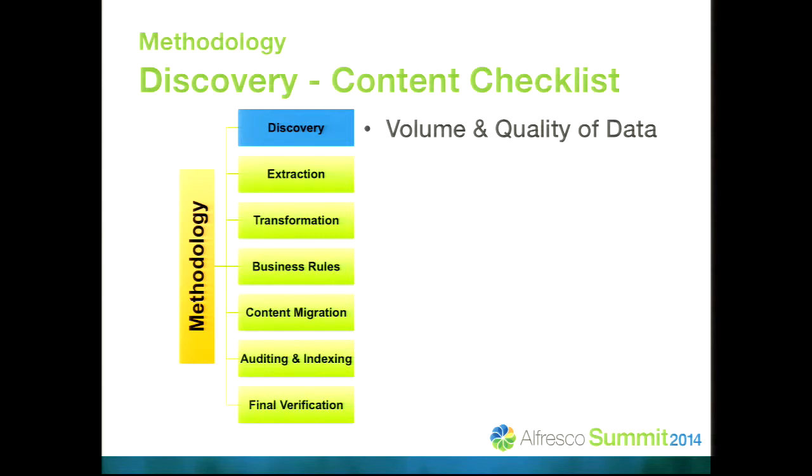The volume, you need to know how much you're going to be moving, right? If it's a couple thousand records, sure, that's easy. It's not too much planning on that piece. But once you start talking about millions of records, once you're talking about consolidating different systems to bring in the right content and metadata, it's key to know what you need to be migrating, what's actually out there, what the volume is.